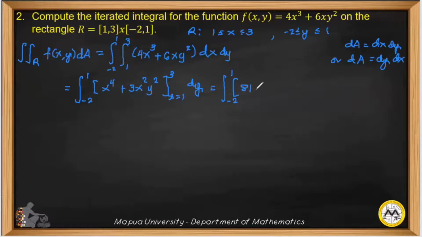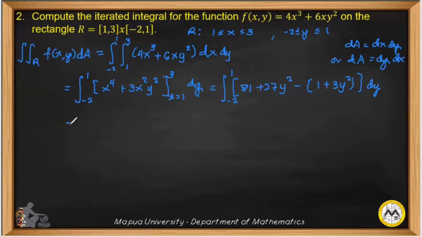So this gives us 81. And when x is 3, 3 squared is 9 times 3 is 27, plus 27y squared. Then minus the value of the integral when x is 1. So when x is 1, 1 raised to the fourth is 1, plus 3 times 1 squared times y squared gives us 3y squared dy.